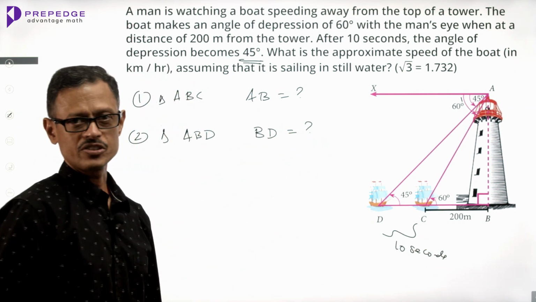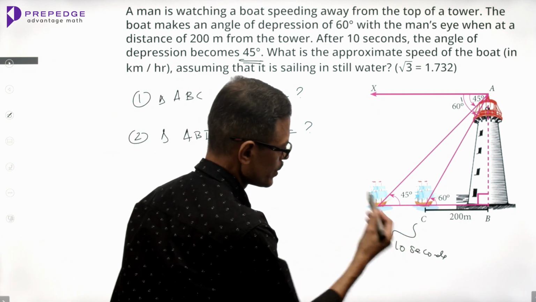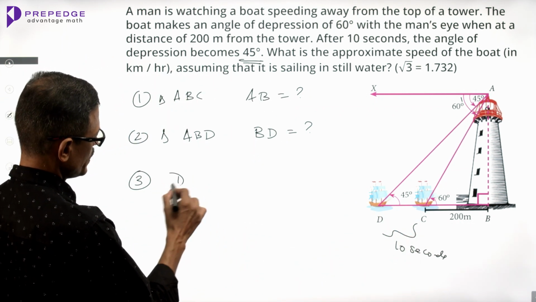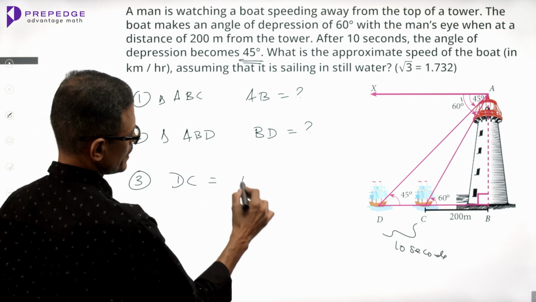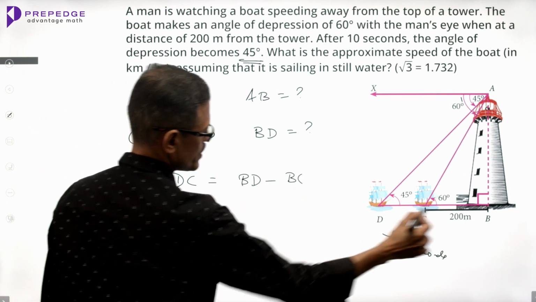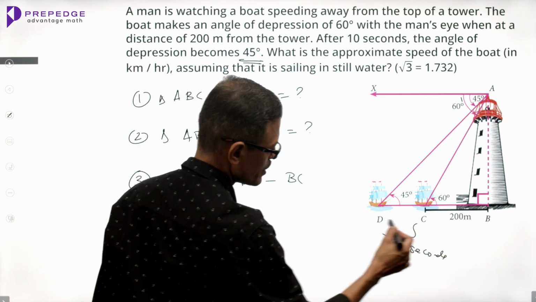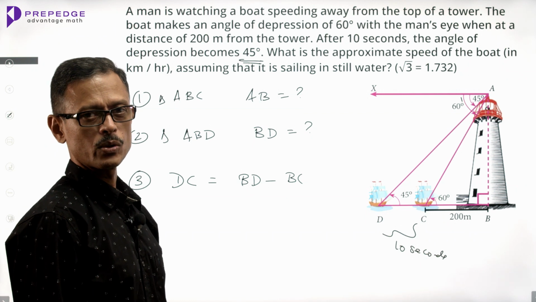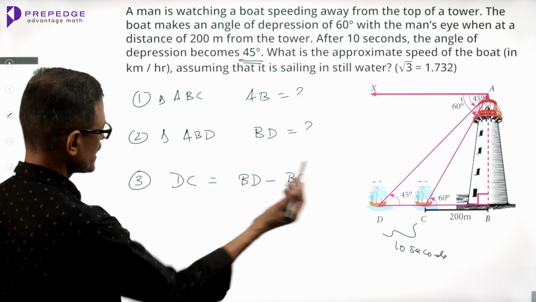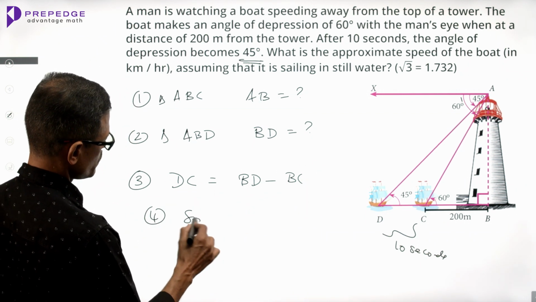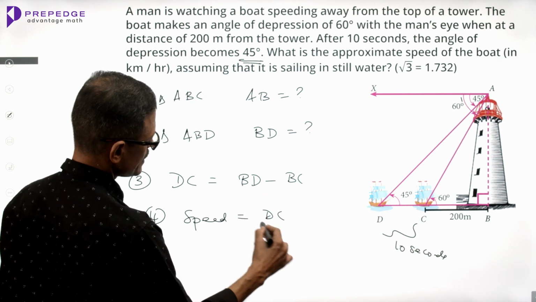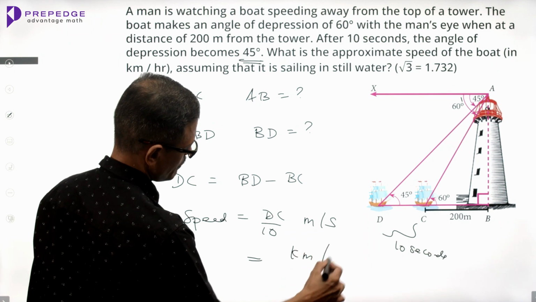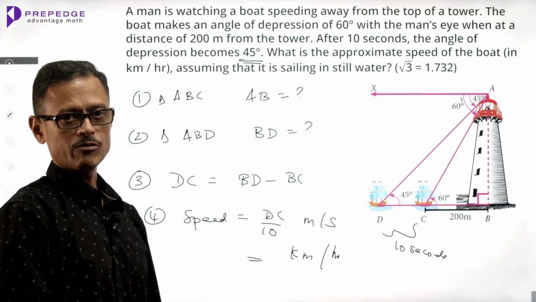Then the distance traveled by the boat in 10 seconds is equal to DC. DC is nothing but BD minus BC. BC's value is 200, and BD we'll have from the previous step. So BD minus BC will give us the distance traveled by the boat in these 10 seconds. Once we find DC, in step 4 we compute speed equal to DC divided by 10, in meters per second. After that we convert it to kilometers per hour. So these are all the steps involved.